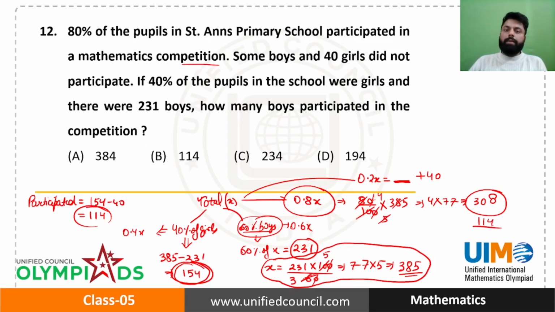These are the girls who participated. 308 minus 114 is 194 boys participated. Out of 231, 194 participated. So the correct answer in this case is nothing but option number D.